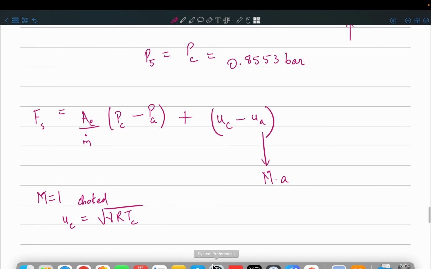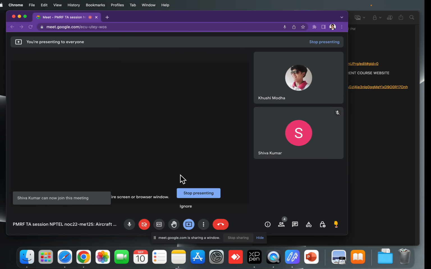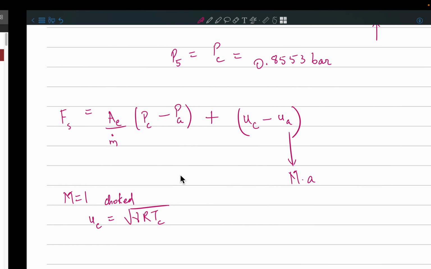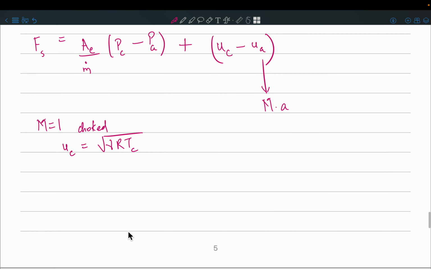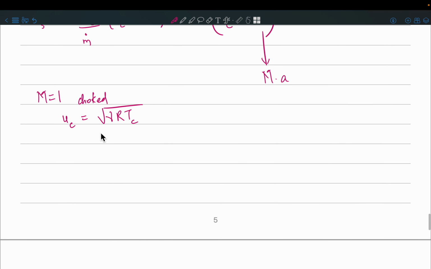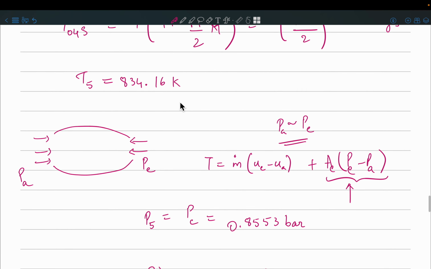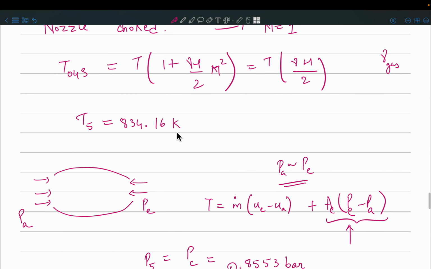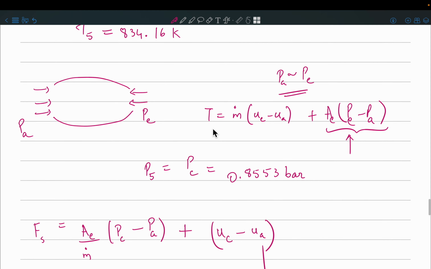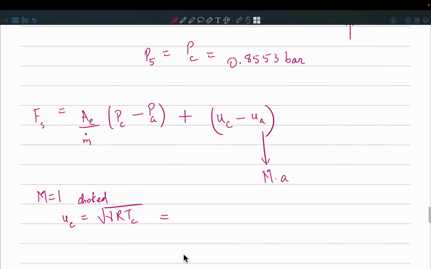Are you there with me? Okay. So now you can find UC, because we know this TC value. We found this TC value as 834.16 Kelvin, right? The static temperature at the exit. And gamma will be gamma gas, and R will also be given to you.